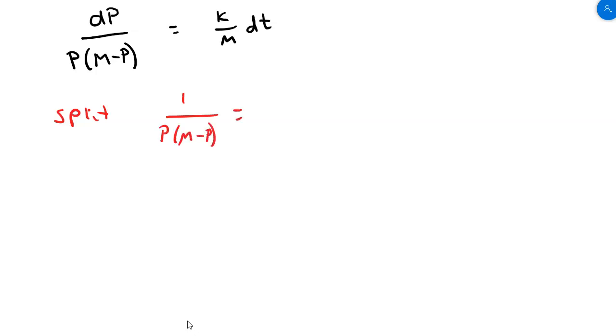Now, in order to do that, we're going to need partial fractions. We're going to need something over p plus something over m minus p, and very quickly we realize that we don't have numbers on the right-hand side anymore. So the idea of setting up a system and solving is a little bit more difficult because we don't have any numbers to set them equal to, and so now we have extra variables.